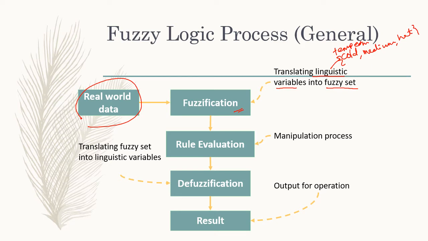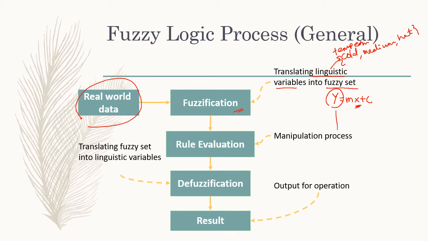Then it will be fuzzified, or we can say undergo the fuzzification process, where it will transform into the fuzzy set. This is where we use y equal to mx plus c. If you still remember, we are going to find the value y whereby we have those x values, right?